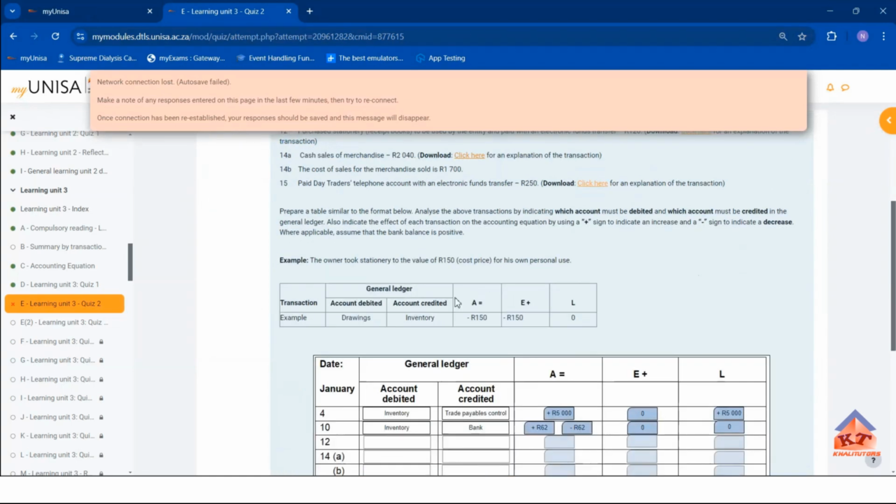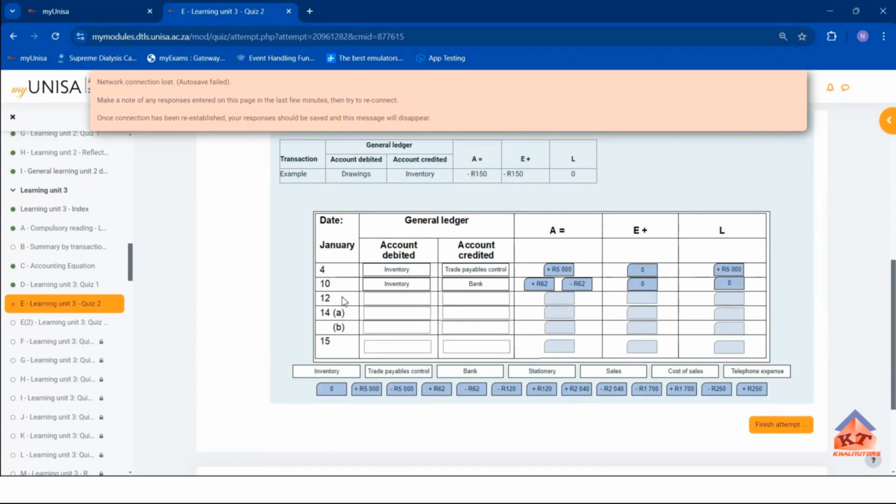So this is what it means. We need to credit the bank because the money comes from the bank, and the bank is an asset. When an asset decreases, we are supposed to credit that asset account. And when expenses are incurred, we need to debit that expenses account, and in this case we are referring to our stationery expenses.